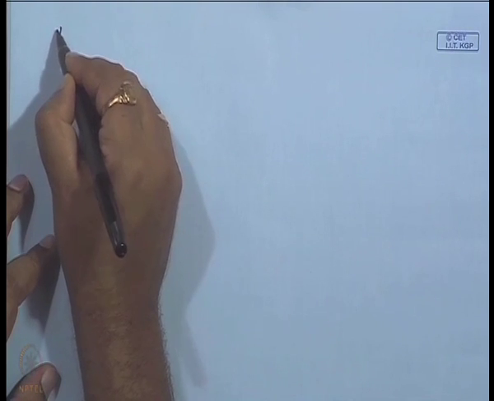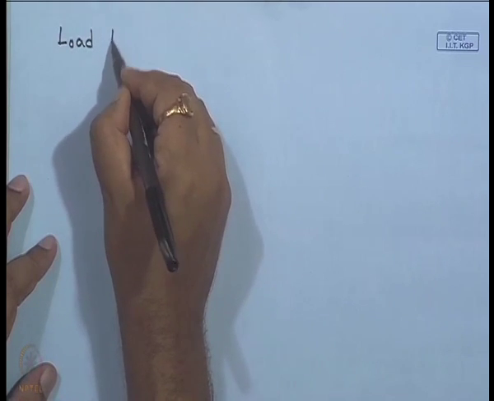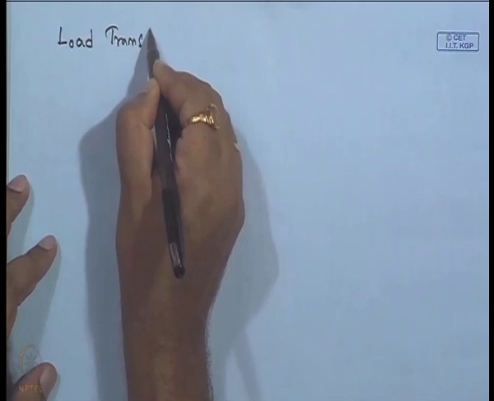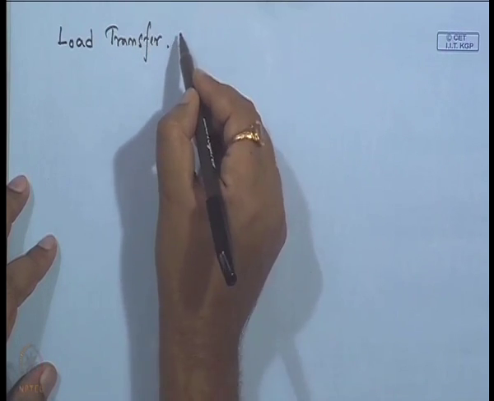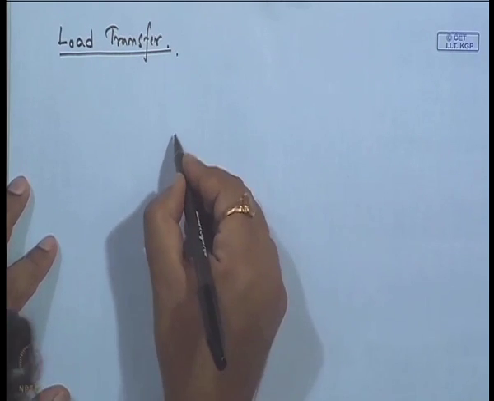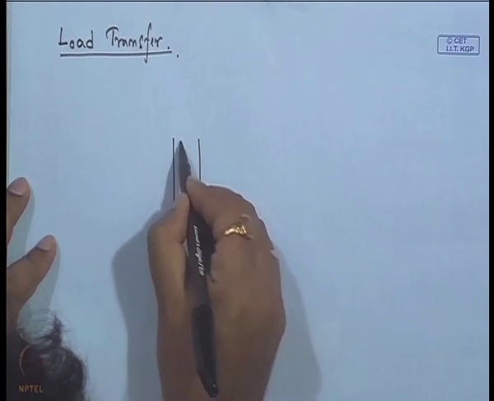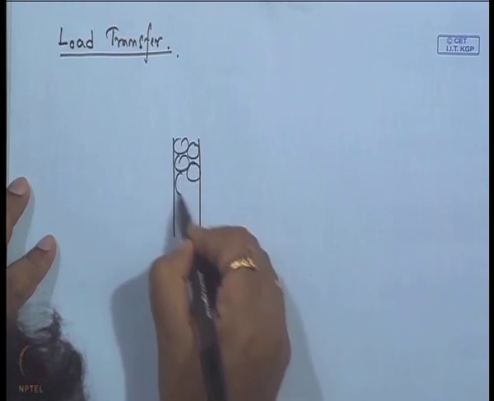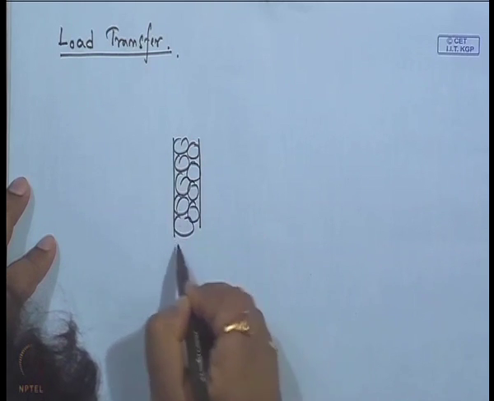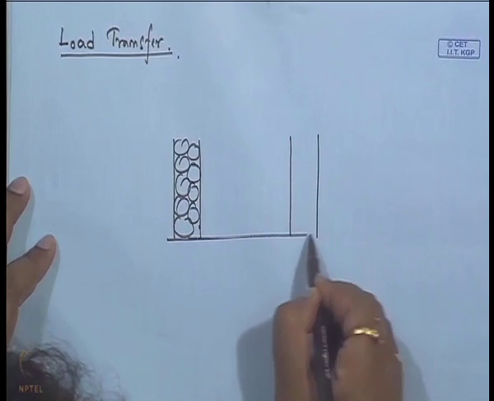Now, if I go for the load or stress transfer mechanism, there are three ways by which the stresses are transferred onto the stone column from the soft soil region. This is the stone column, this is another stone column.